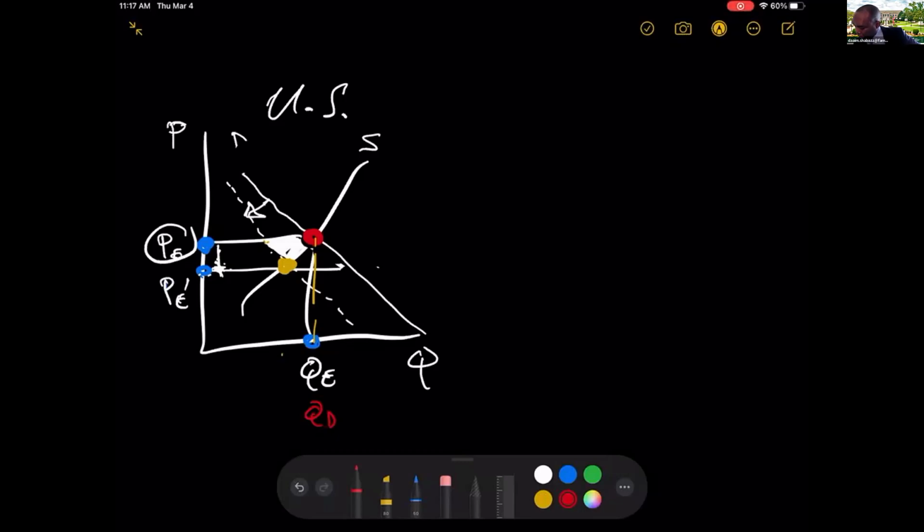So this is actually quantity supplied, and this is quantity demanded. So this is the new demand curve. If you look at both of these, quantity supplied is greater than quantity demanded, right?